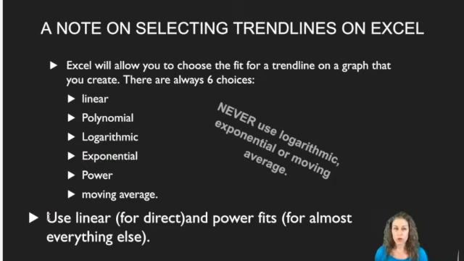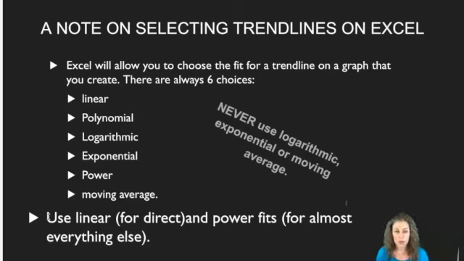One note on selecting trend lines, specifically in Excel. Excel is going to allow you to choose the fit for the trend line. We've been doing this for months already. But here's the thing: they give you 6 choices, and we only ever use 2. We use linear for a linear equation, for direct, and power fit for any of the other ones we've talked about today, whether it's a direct square, a direct square root, an inverse square, or an inverse relationship.